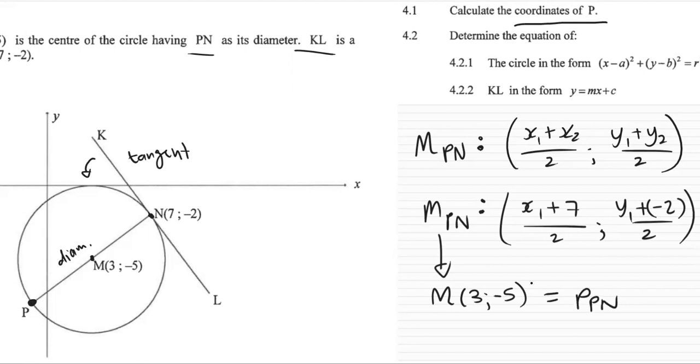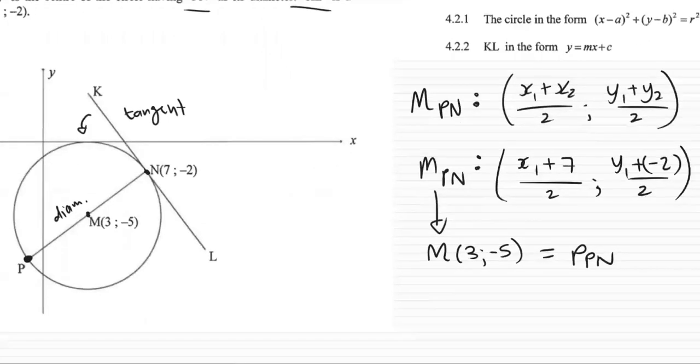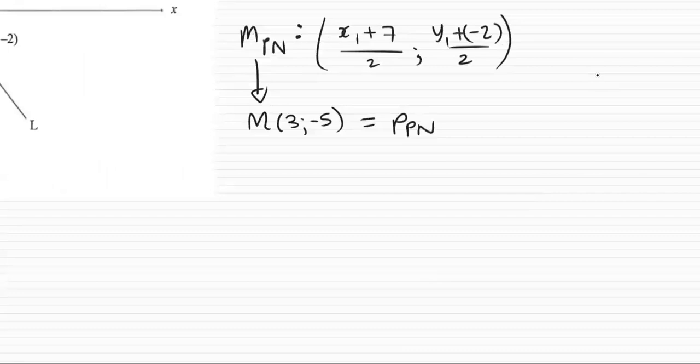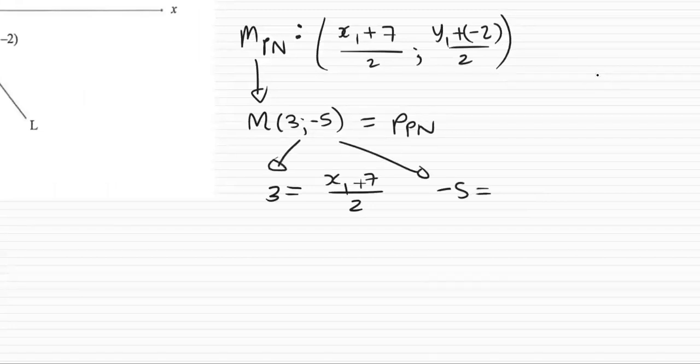So this means we can split this up. We can say that 3 must be equal to the x part, which is x1 plus 7 over 2, because it's the same thing. And also we can say that minus 5, the y part, must be equal to y1 plus minus 2, which is y1 minus 2, over 2.